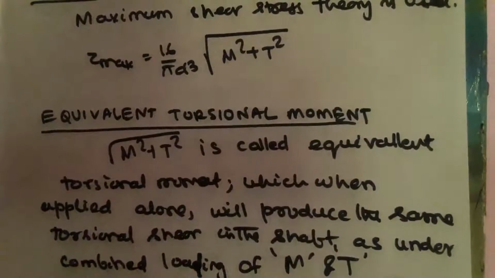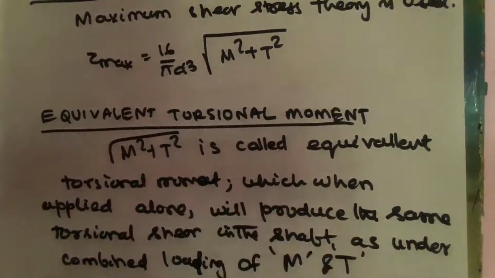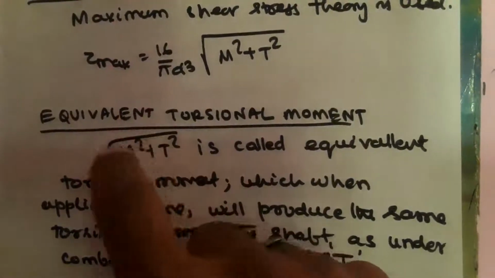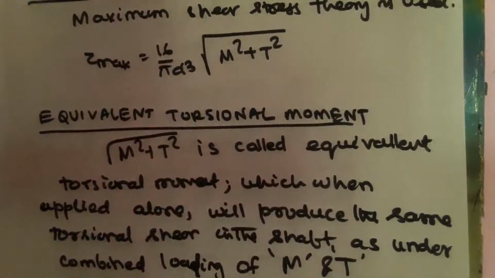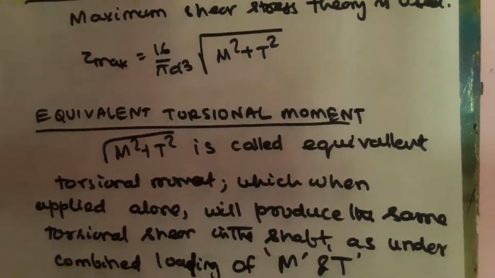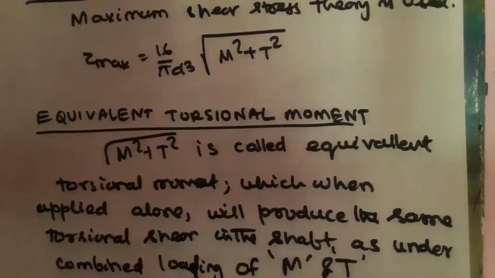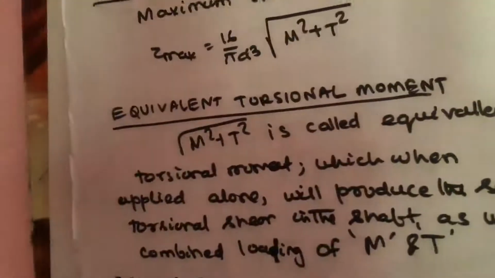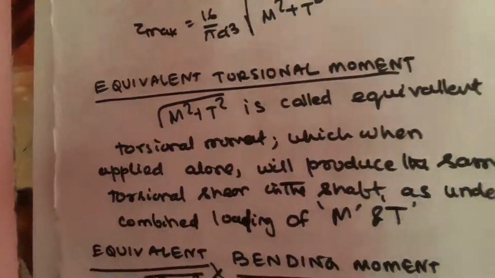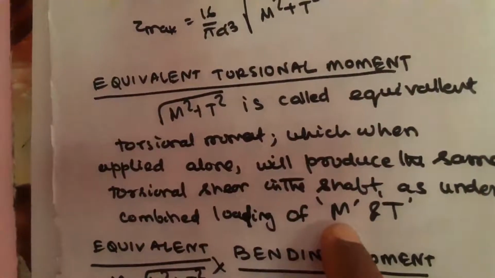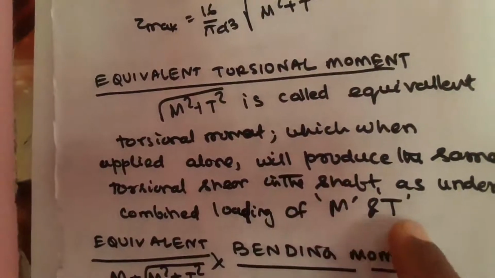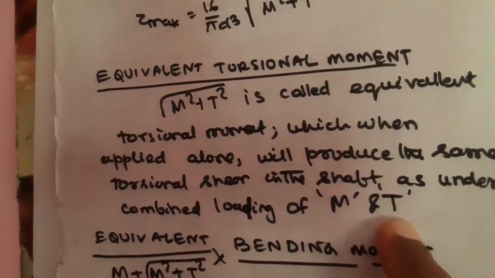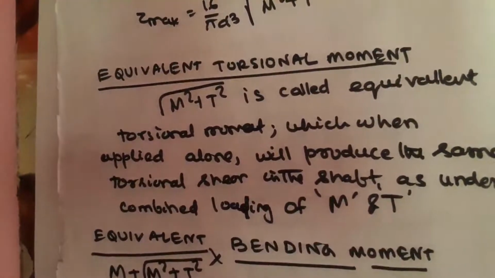So the term under the root, M square plus T square, is called equivalent torsional moment, and numerically this amount of torsional moment, when applied alone to the shaft, will produce the same amount of maximum shear stress on the shaft as under the combined action of the loading of bending moment of amount M and torsional or twisting moment T together.